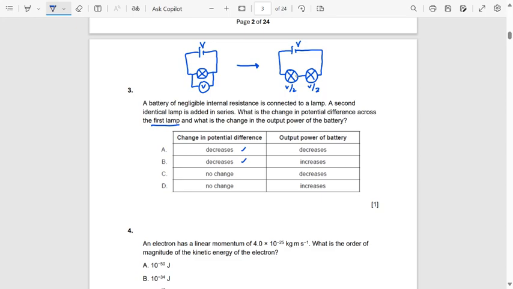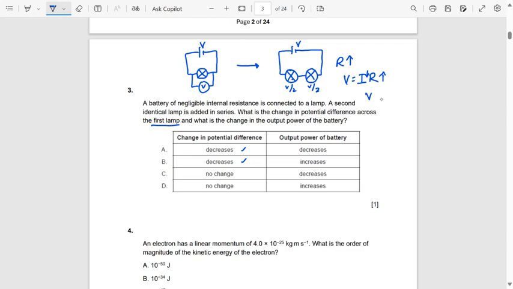Now, if we have an additional component, more components means the resistance of the circuit has increased. So, if we know the idea of Ohm's law, delta V over delta I equals constant R. So if we know that the voltage is fixed, but the resistance in the circuit has increased, therefore the current in the circuit has decreased.